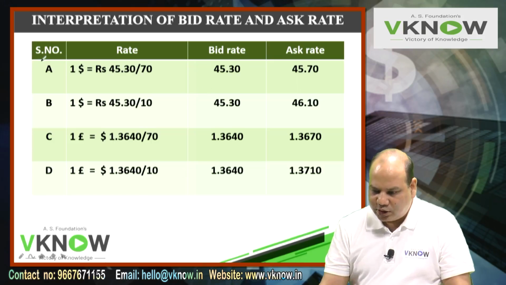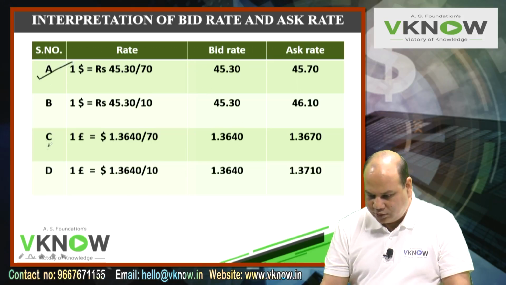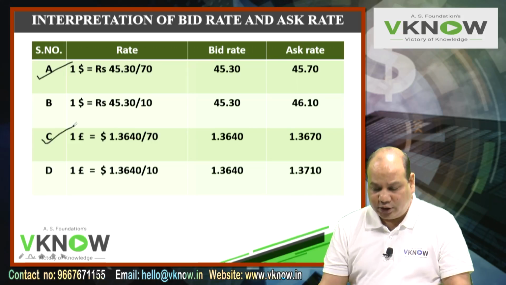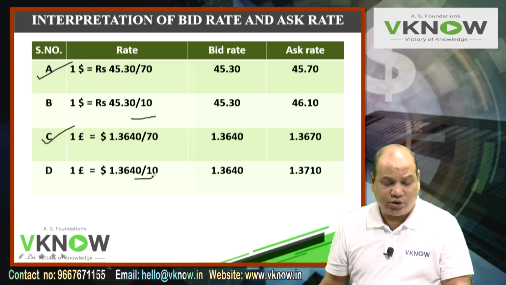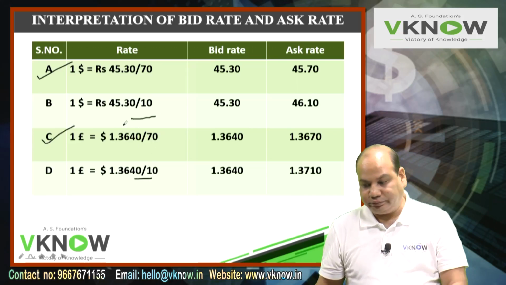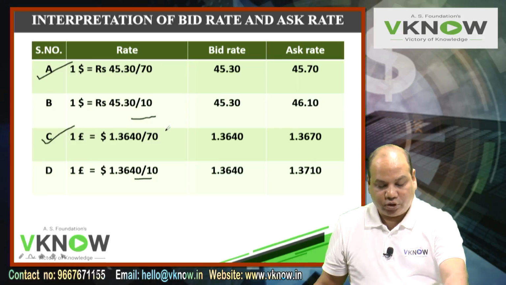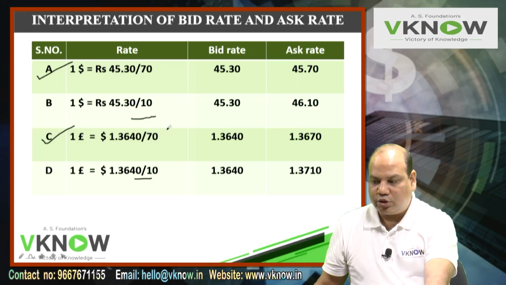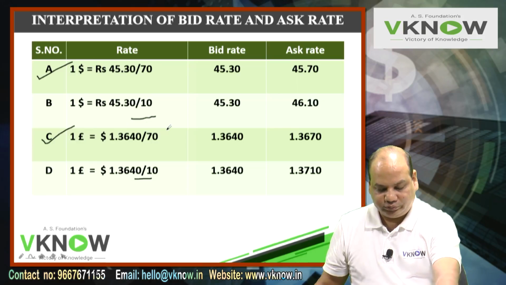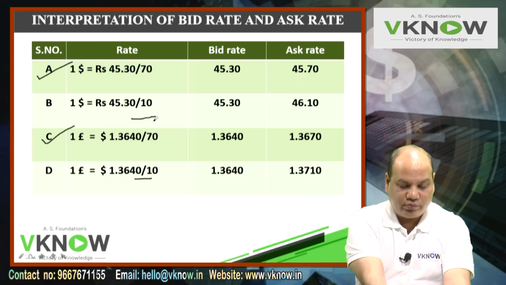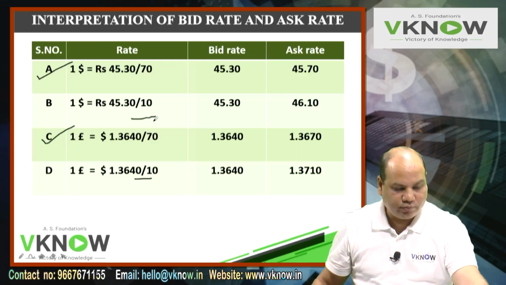Most probably in the exam A and C appear 99%, but in some cases a quotation can be given like this. So be careful, the ask rate is more than the bid rate. Banks should not suffer a loss when they give the quotes.